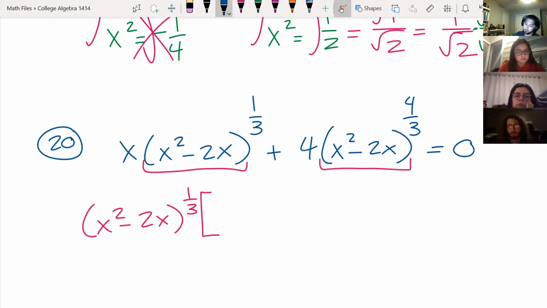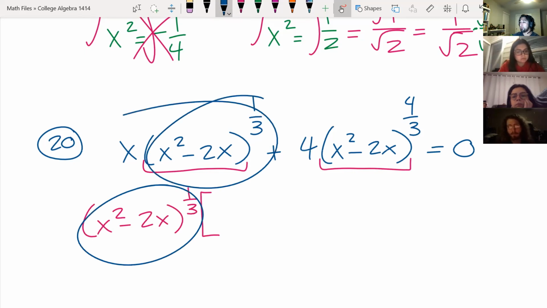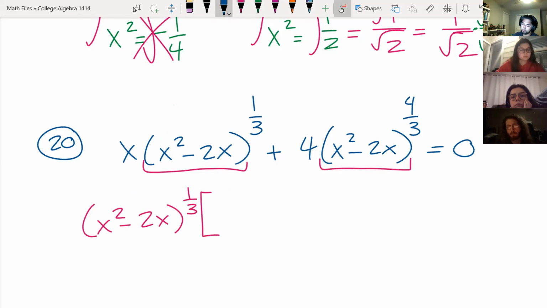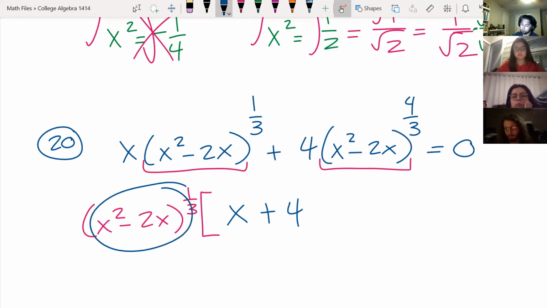All right. And if I take this factor from this term, they're going to cancel, right? Except there's an x in front. Yes, very good. And there'll be an x in front. Plus 4.